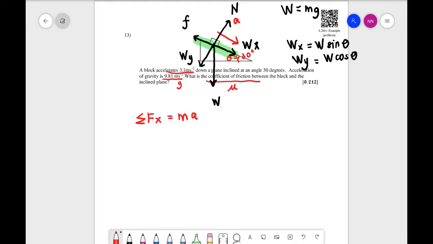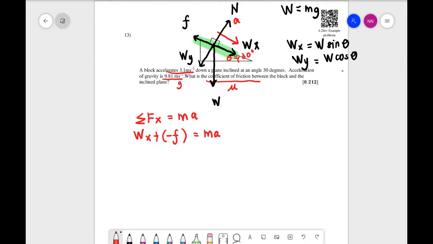The Wx arrow is in the same direction as the arrow of acceleration, so Wx is positive, and friction is opposite to the direction of acceleration, so friction is negative. So this will be Wx minus friction, or Wx plus negative friction, negative because friction is opposite to the direction of motion, equals ma.